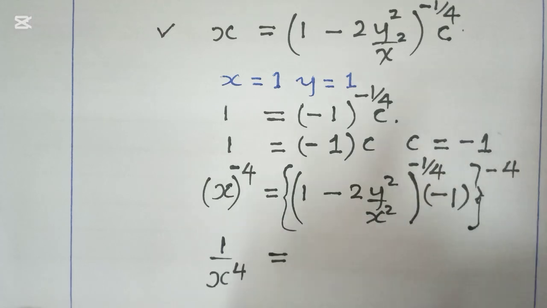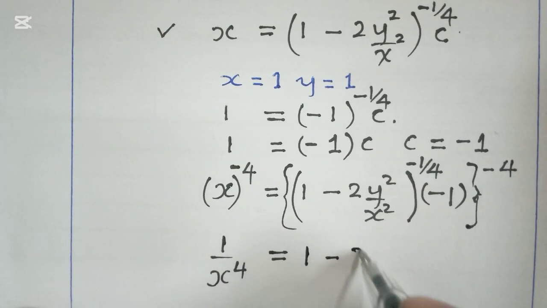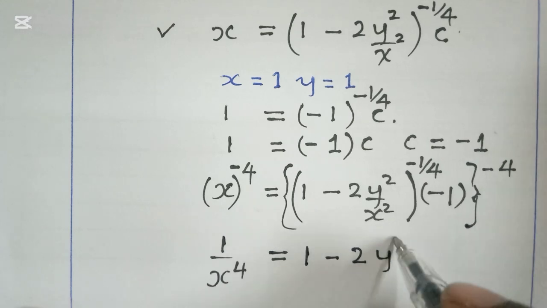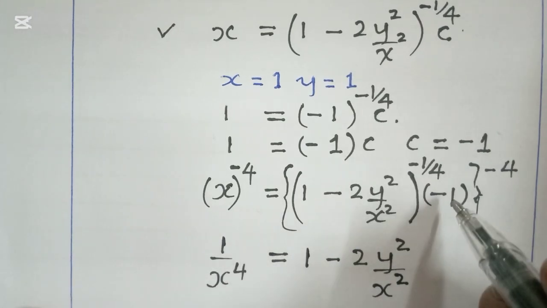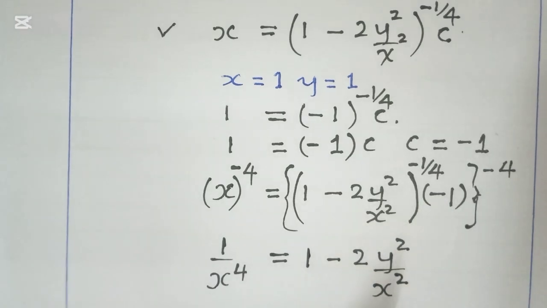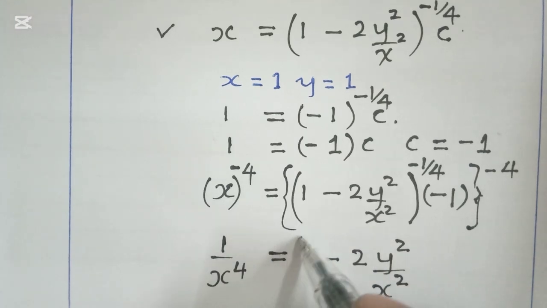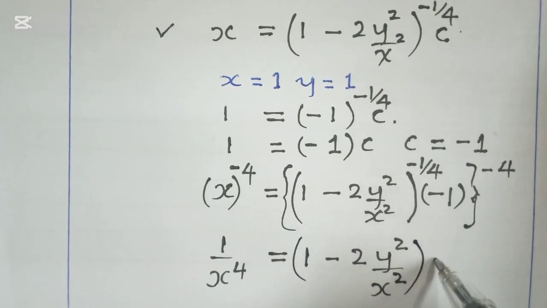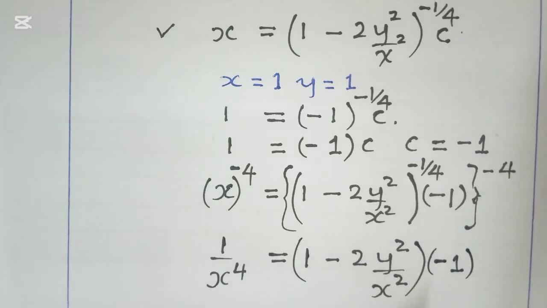This now is removed, so that we shall have 1 minus 2y squared all over x squared. And now this negative 1 will remain. If you raise negative 1 by any number, it still remains negative 1. And so therefore we are going to have negative 1 there.